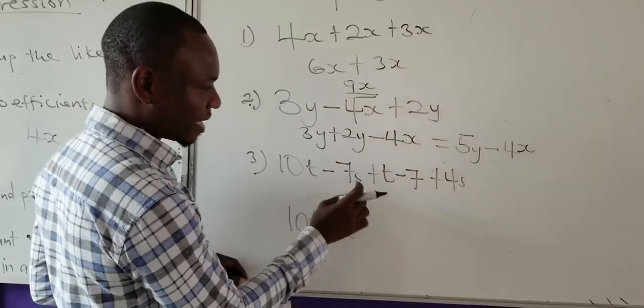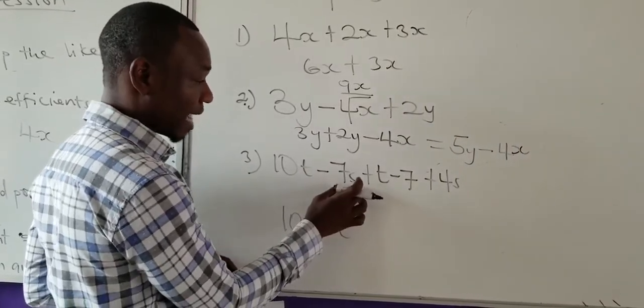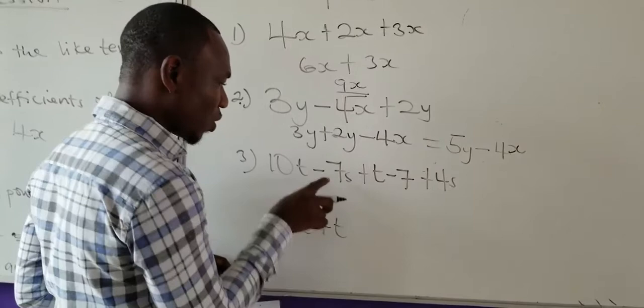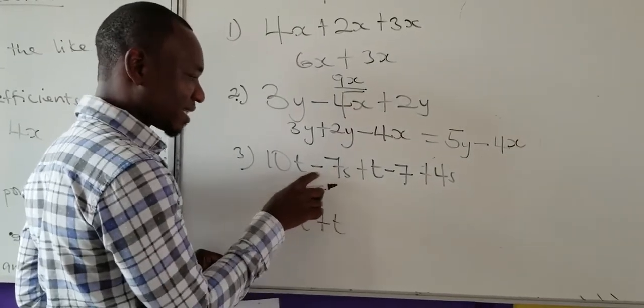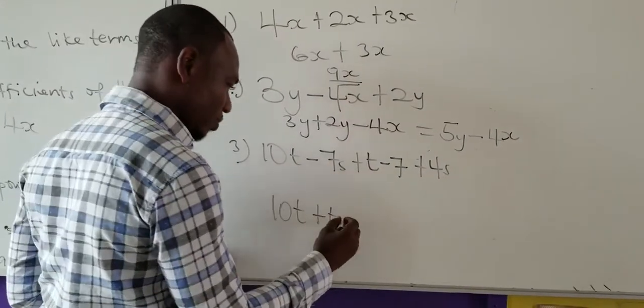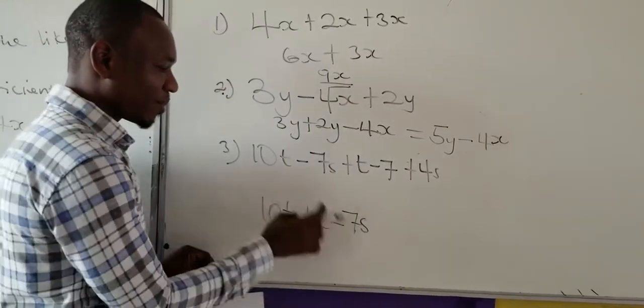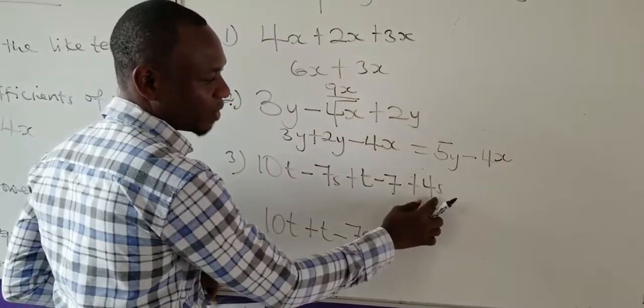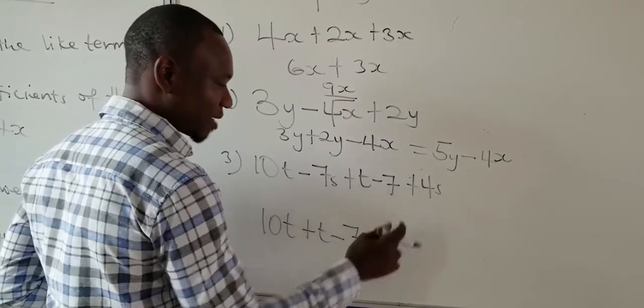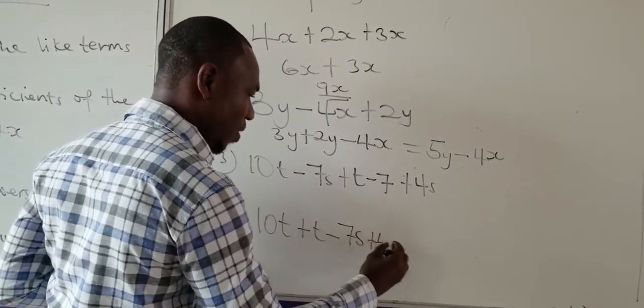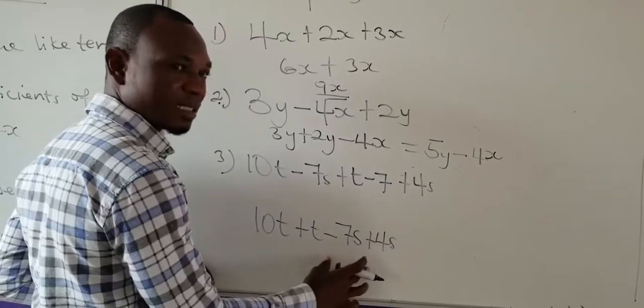We have other like terms here, the x and the x. In front of this 7x there is minus, so bring minus. You don't change the signs. The signs are always constant. So we have minus 7x. Then we have here 4x, there's plus, so bring the plus 4x.